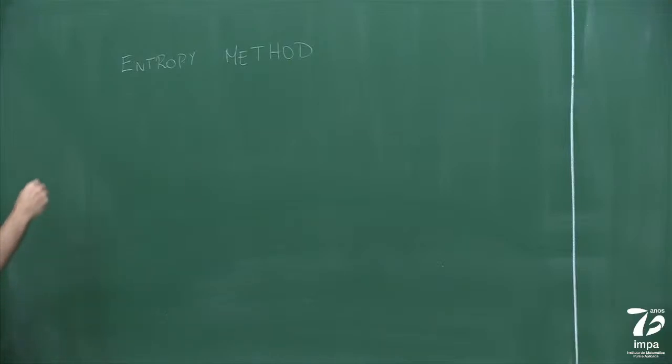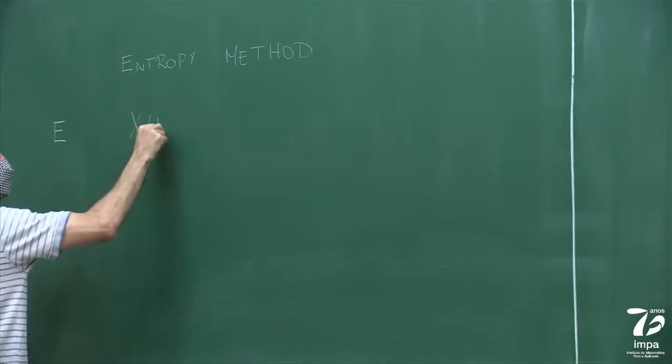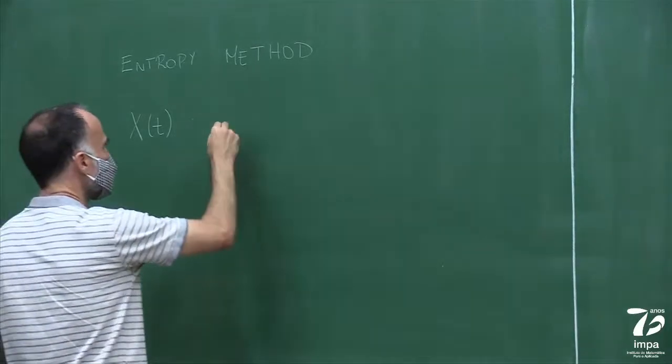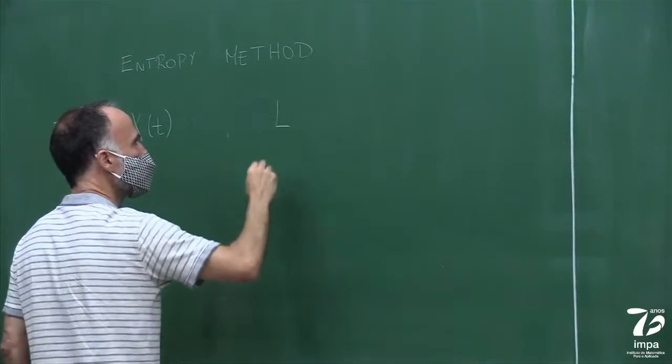So we go back to Markov chain. E is a finite state space. Xt is a continuous time Markov chain taking values on E. And we have a generator.